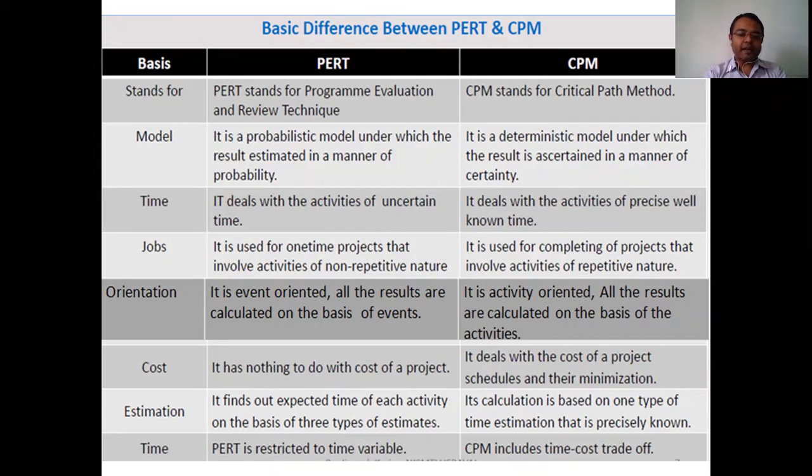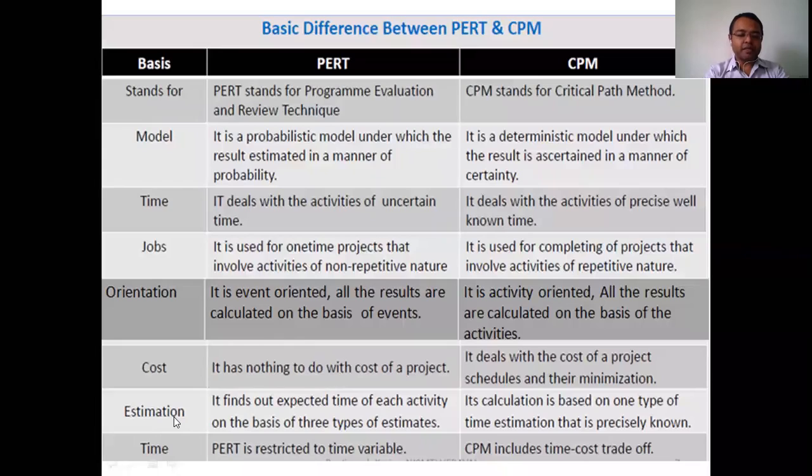If that ratio is greater than 1, the project manager will take that project. But in case of PERT, there is no consideration of cost. They are not bothered about the cost. That's why cost to benefit ratio is not considered in case of PERT.